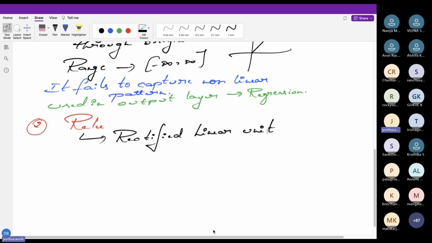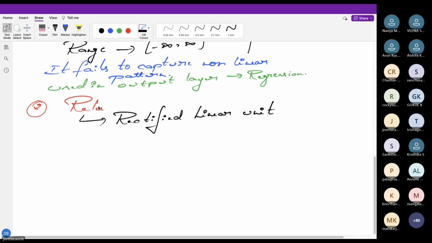Basically what ReLU does is convert all negative inputs to zero. If any negatives are found, it will convert them into zero. It is the most used activation function, which introduces non-linearity by converting all negative values to zero and keeping all positive values as they are.